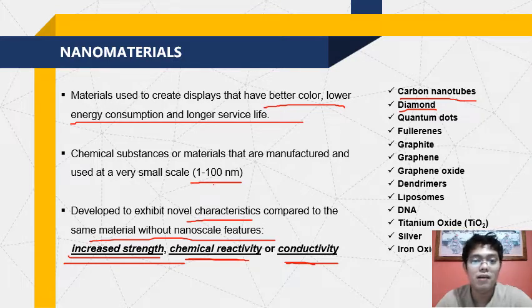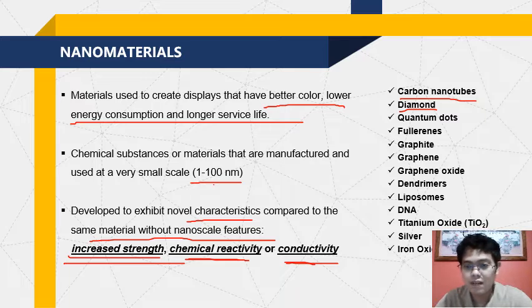Imaging as well. In addition, one of the sectors where nanomaterial diamonds are widely utilized is biology and medicine due to its extremely high biocompatibility. So it's very compatible for application in biomedical treatments in biology and medicine.